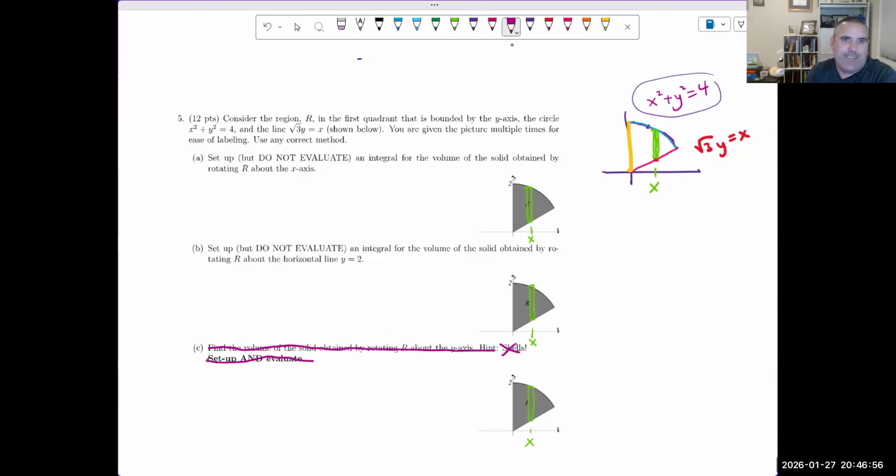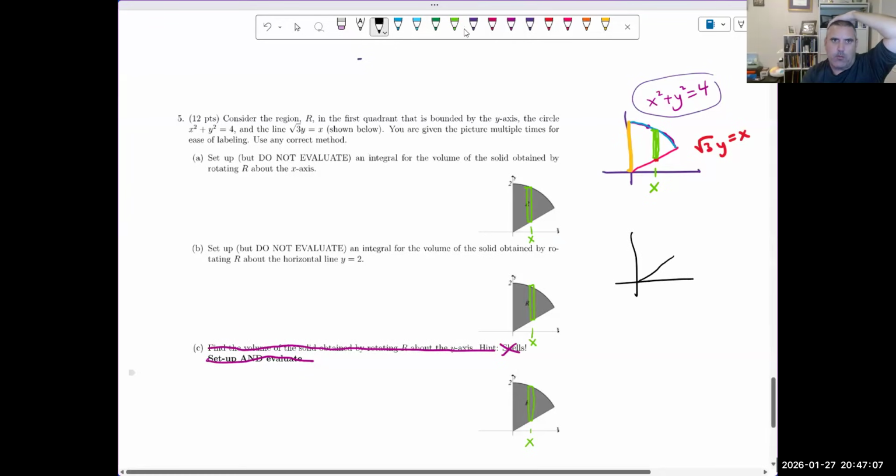Okay, so now let's talk about the axis of rotation. If we use dy, we would have to use two integrals. That's true, yeah. So no matter what happens in this problem, if you do it in terms of y, there's two different patterns. There's the pattern below this line, and there's the pattern above this line.